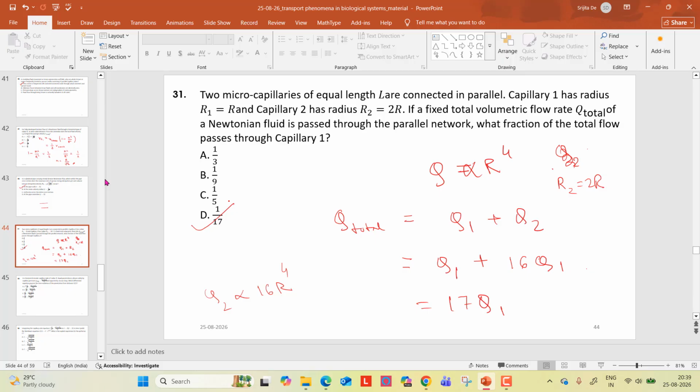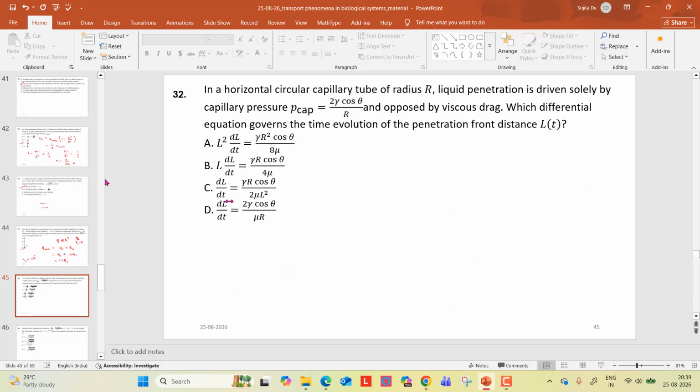Yes. Next. In a horizontal circular capillary tube of radius R, liquid penetration is driven solely by capillary pressure 2 gamma cos theta by R and opposed by viscous drag. Which differential equation governs the time evolution of the penetration front distance? 2 gamma cos theta by R, this is the liquid penetration.